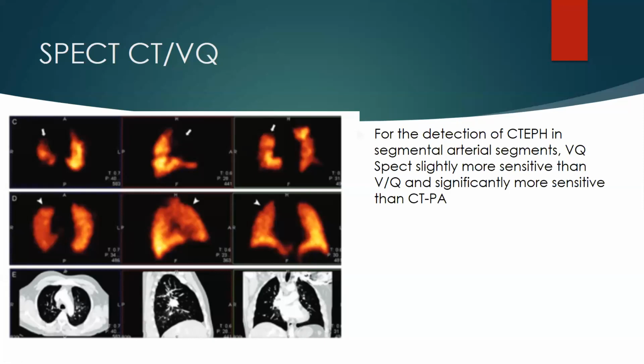So you can have CT that won't show you anything in the smaller vessels, and then you get VQ scan and you can see these defects. Looking at this one, you're seeing right apical and anterior defects on the SPECT CT VQ and the VQ, but not on the CAT scan.